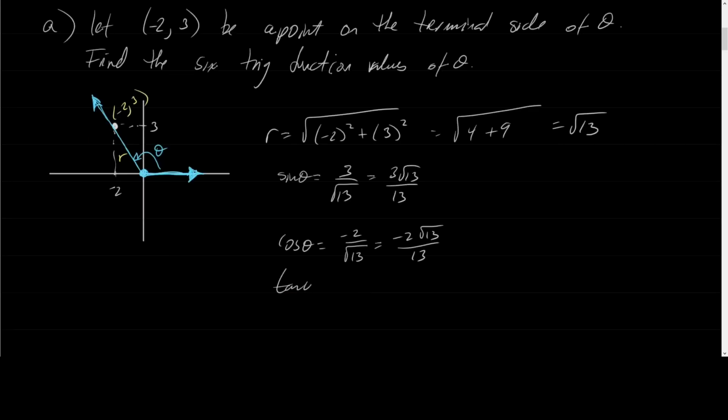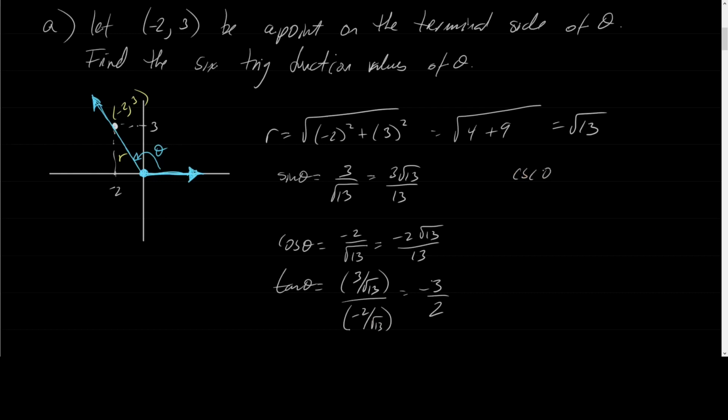Tangent would be the y value over x, so I'm going to do it this way. 3 over radical 13 over -2 over radical 13 is equal to just -3 over 2. The radical 13s cancel out. Remember, when you divide by a fraction, you're multiplying by the reciprocal, so the radical 13s cancel out. So that's sine, cosine, and tangent.